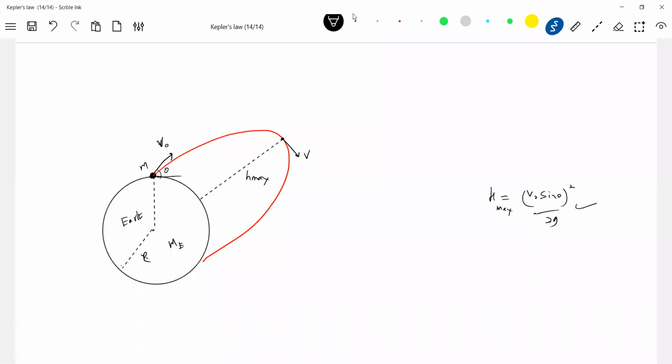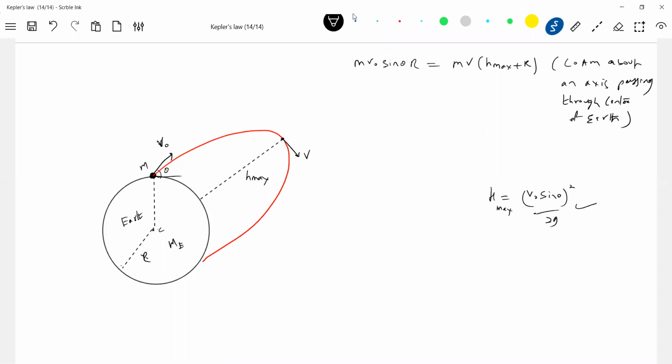How to get this h max? Again, I'll apply conservation of angular momentum about the center of the earth. Applying conservation of angular momentum about an axis passing through the center of the earth: m v0 sine theta into r should be equal to m v into (h max plus r). The mass of the particle is m, so that will get eliminated.